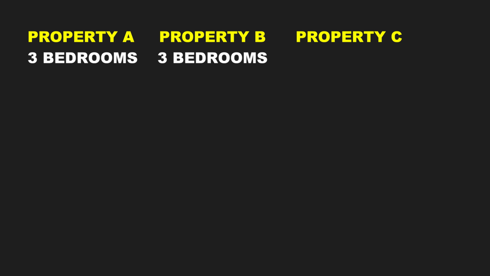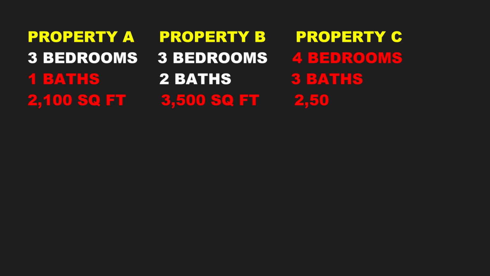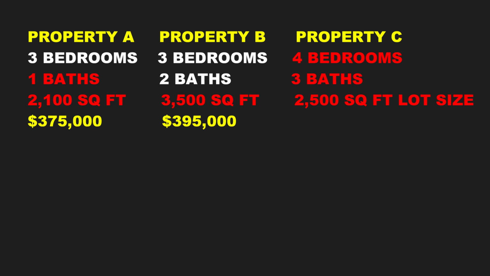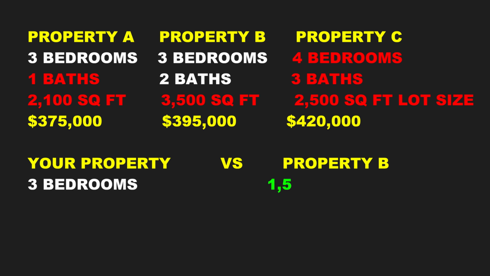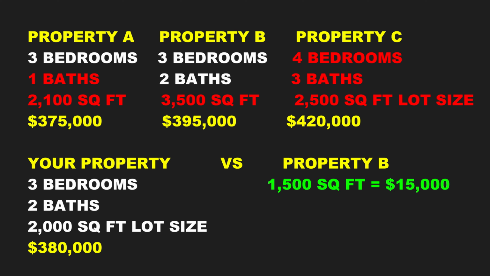Now you take property B, your target property versus property B. The main difference there is the square footage. Your house has 2,000 square feet, and the other lot size in property B has 3,500 square feet. That's the only difference. And the price difference is $15,000.